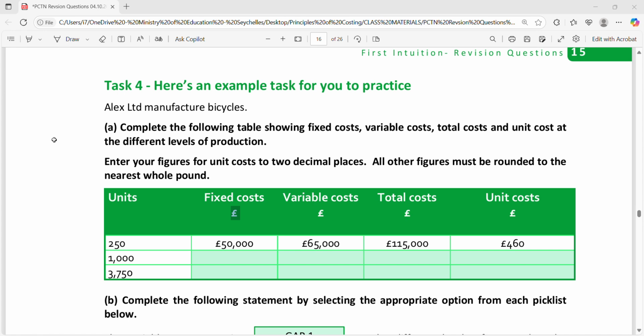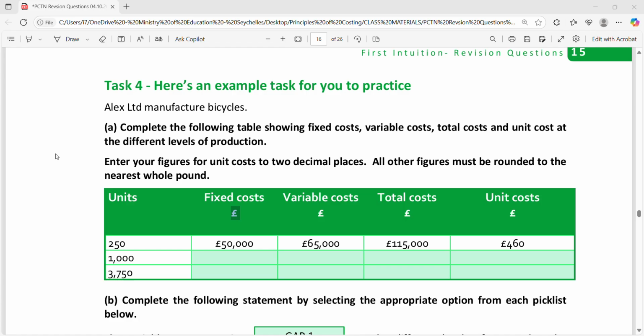Okay, so what we have here is 250 units, 50,000, 65,000, 115,000, and the unit cost here would be 460,000.